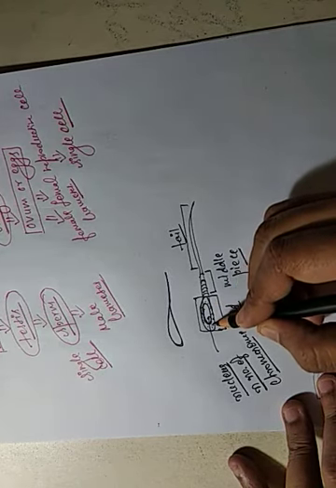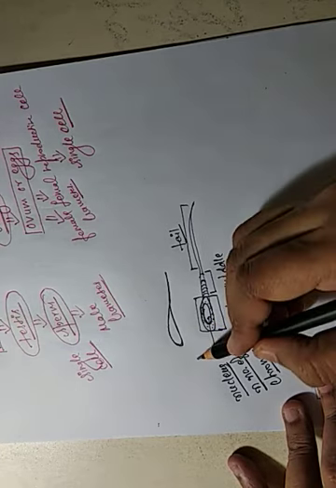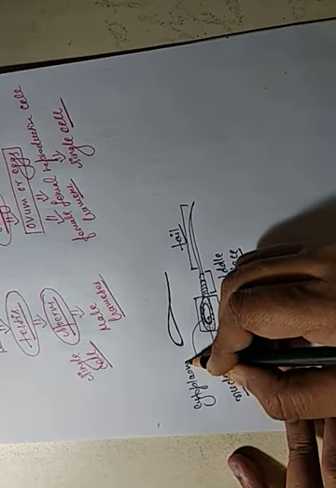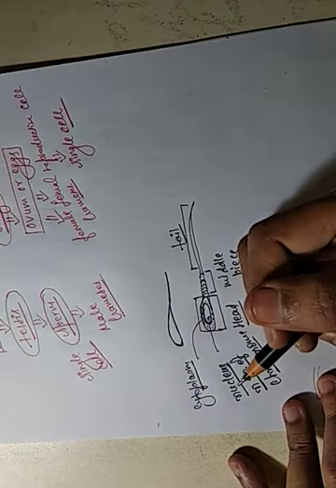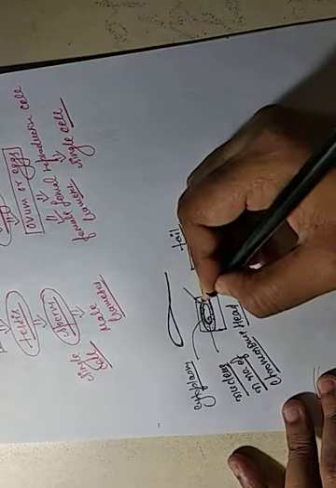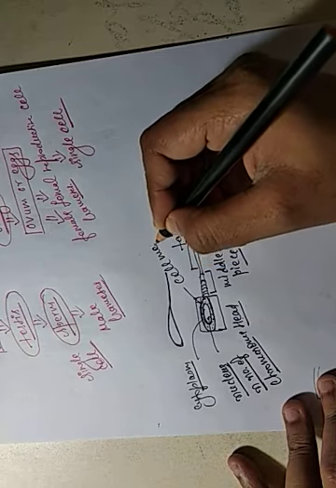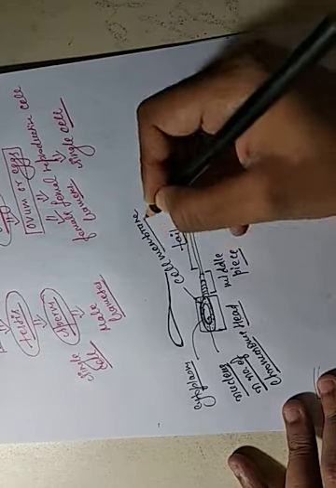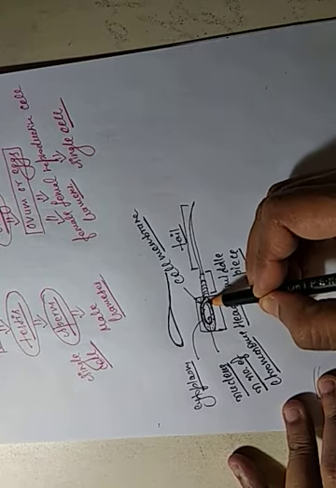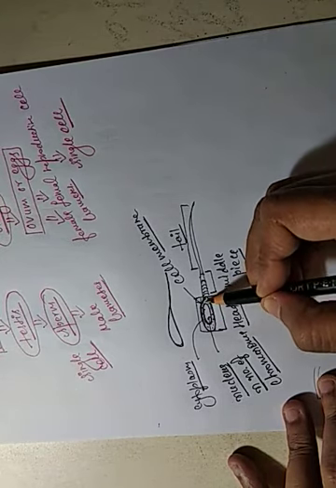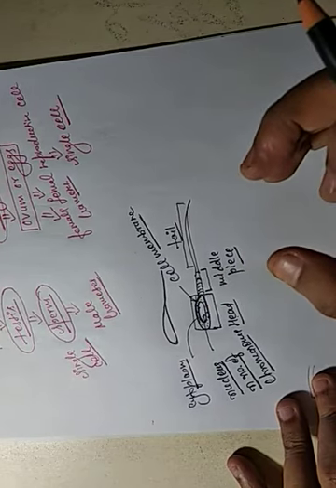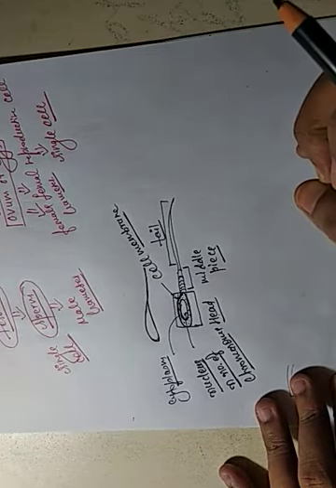Around the nucleus there is cytoplasm, and the outer layer is the cell membrane, as we normally know in an animal cell. Within the cell membrane there is cytoplasm, and the nucleus is immersed in the cytoplasm, containing n number of chromosomes.